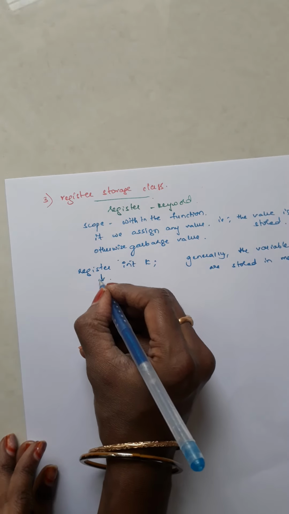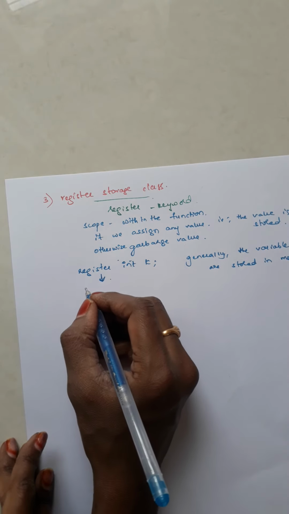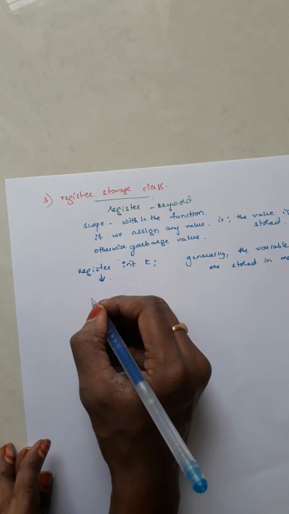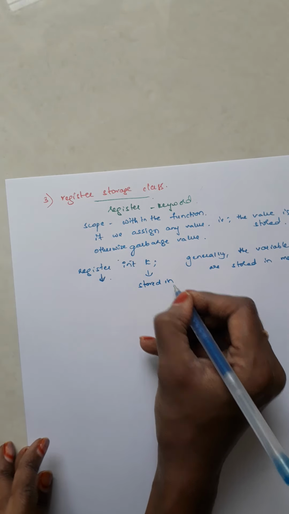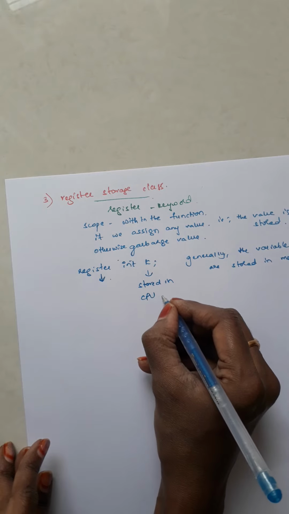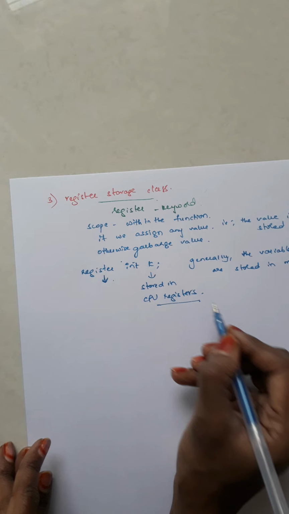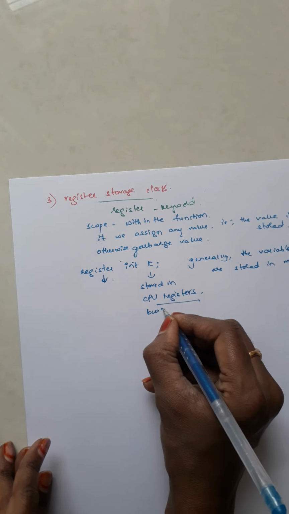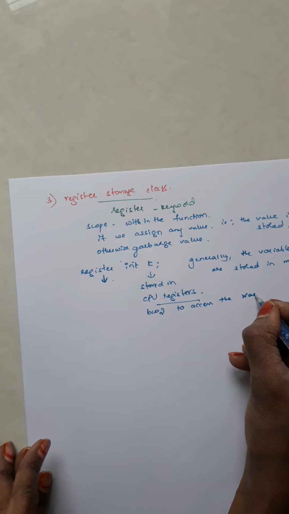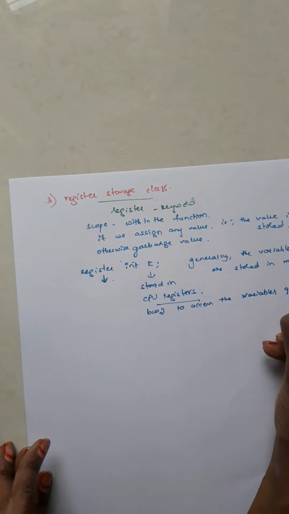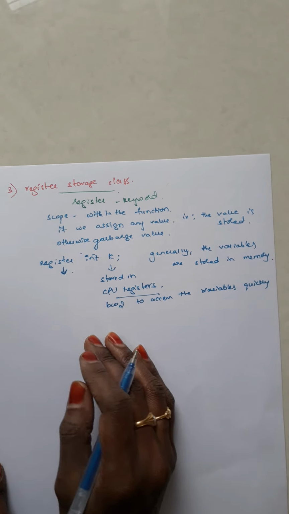But by using the keyword register, k is stored in CPU registers, so that the variables can be accessed quickly.